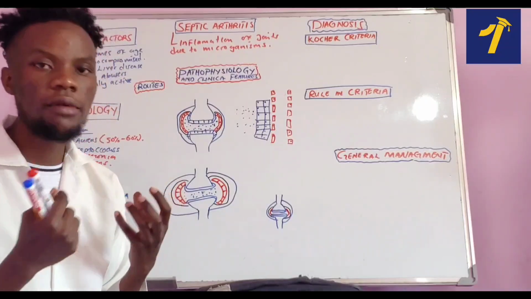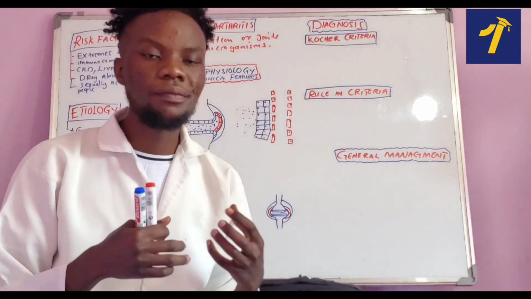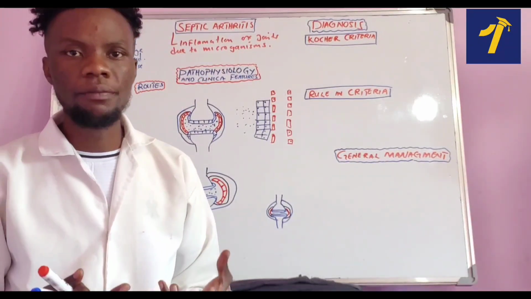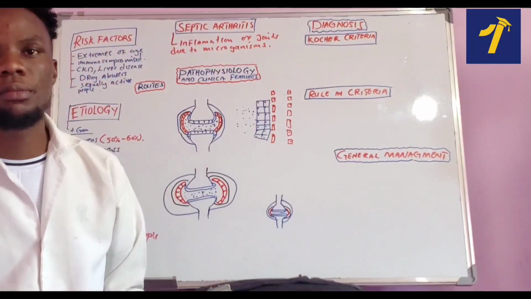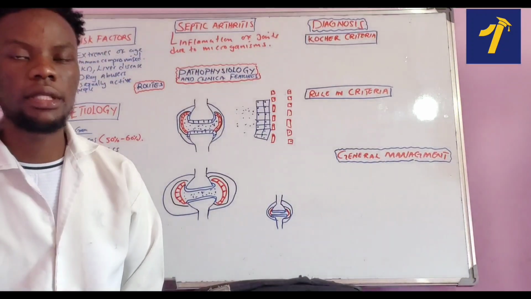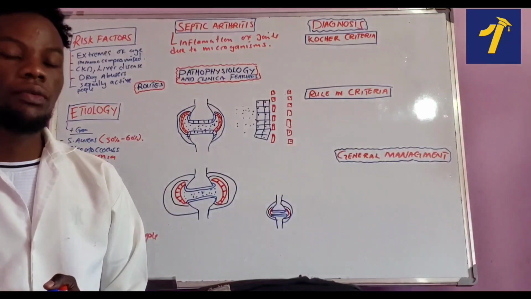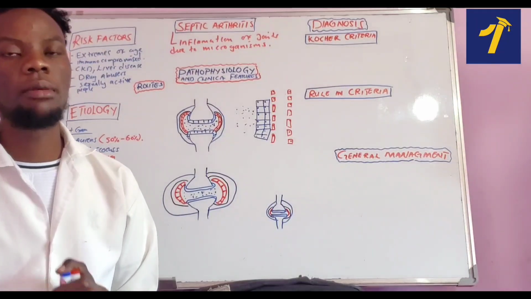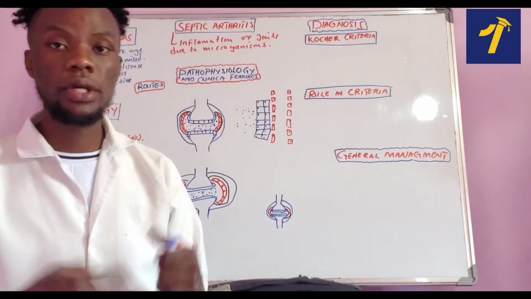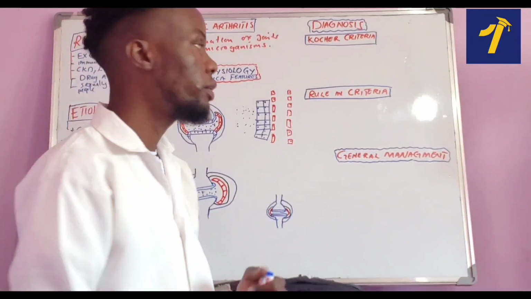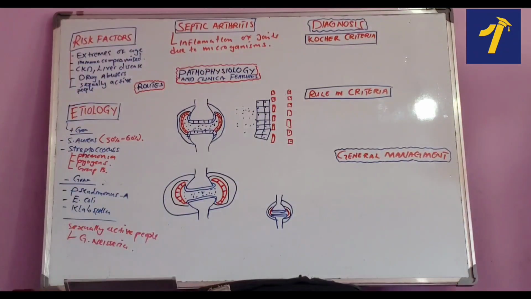Someone who is having tuberculosis, TB, in due time they can also develop septic arthritis, and the causative agent for that would be Mycobacterium tuberculosis. Also atypical Mycobacterium can cause septic arthritis. So these are the causative agents of septic arthritis.